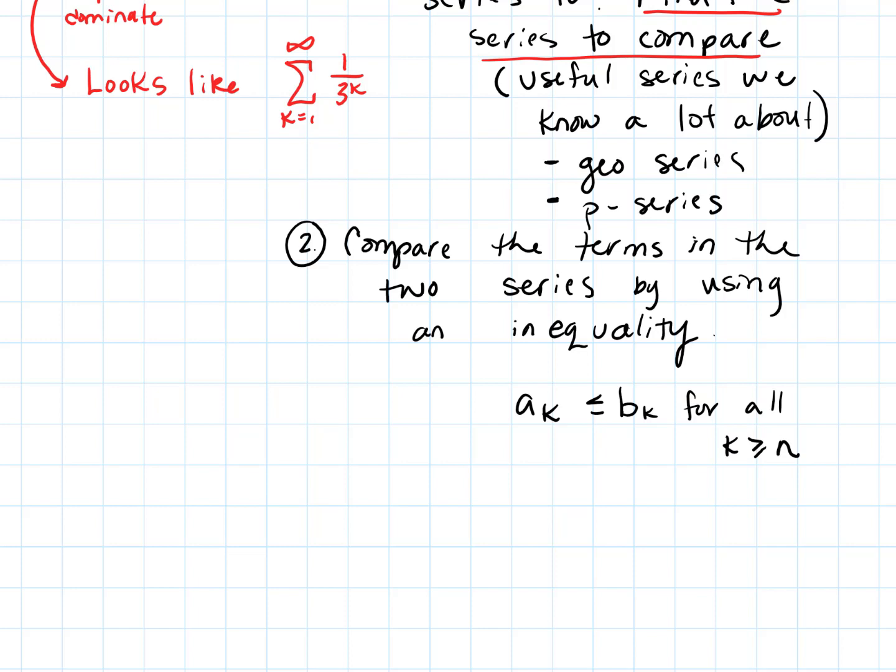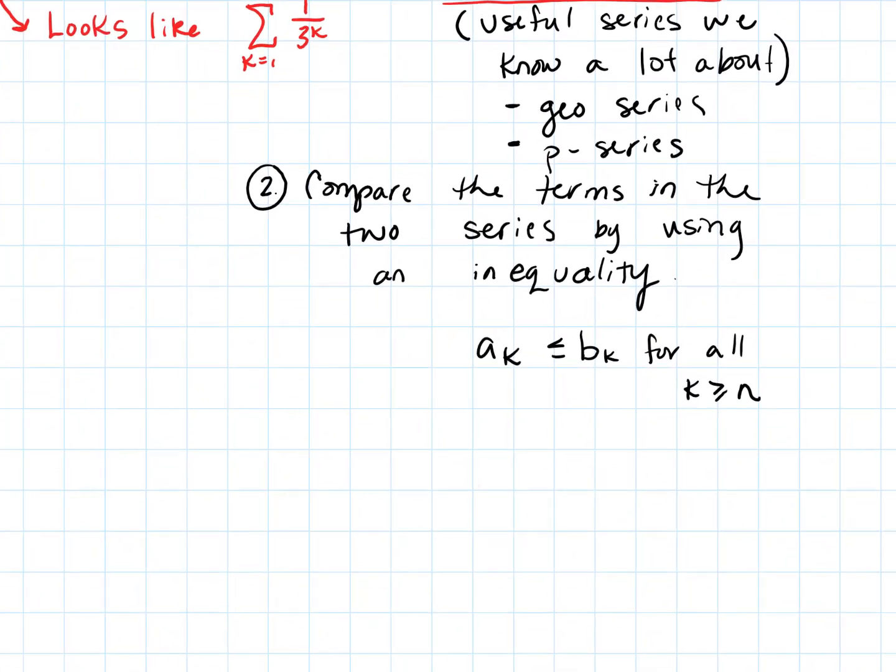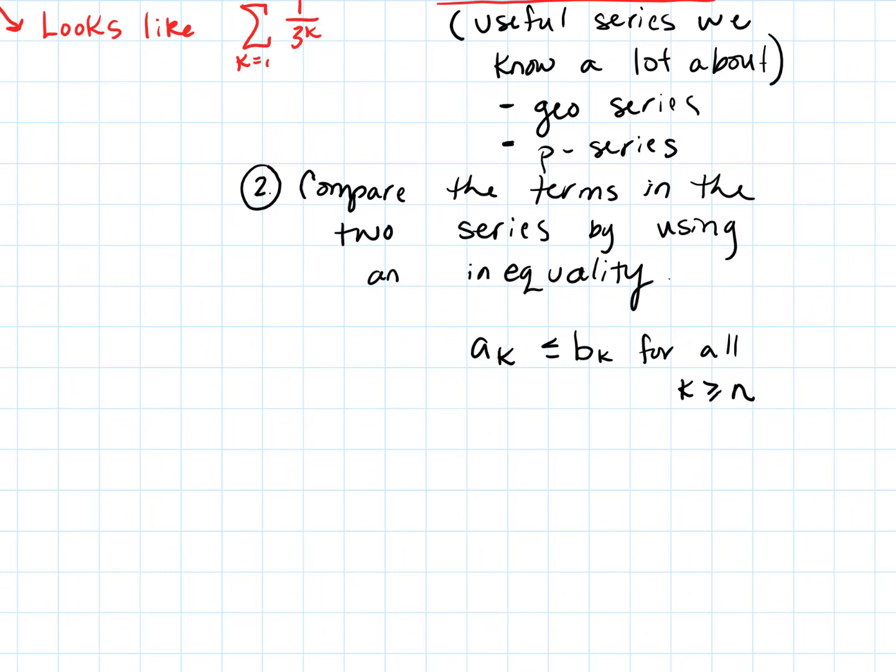Little note on this one while we're here. This is saying n, so we could actually say the inequality will eventually hold for all k greater than or equal to n.